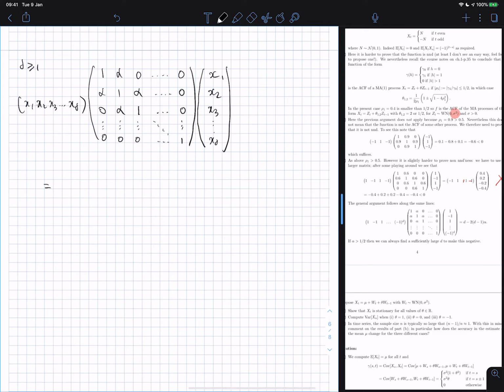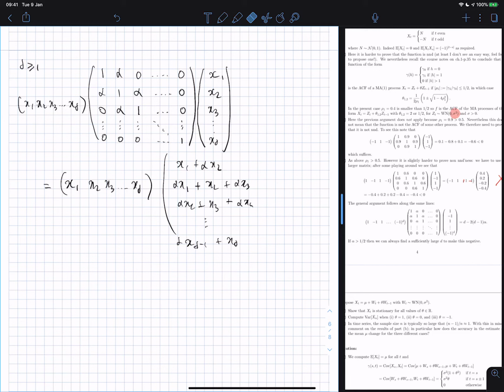And then I'm just going to try and work out what this looks like. Please stop me if I make a mistake. Alpha xd minus 1 plus xd. I think that's it.